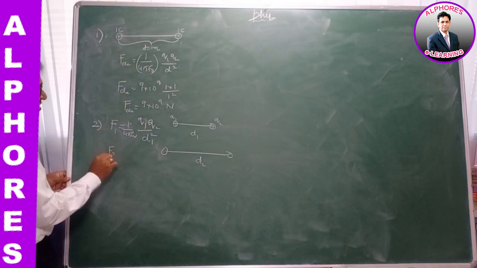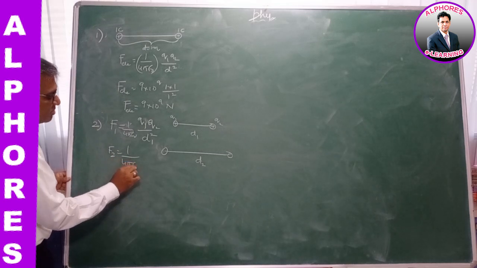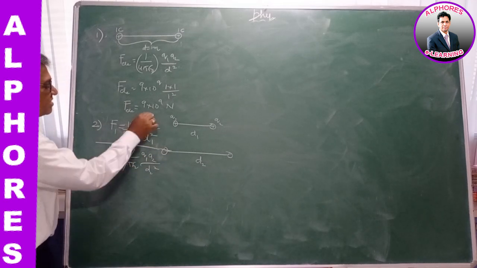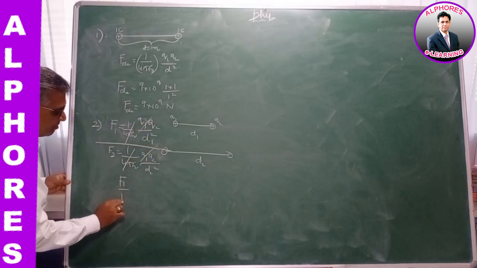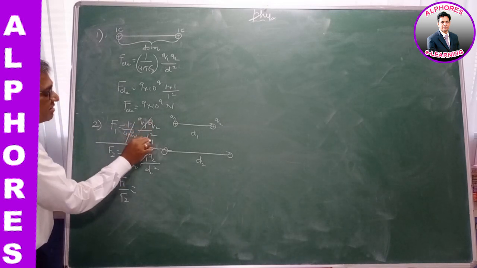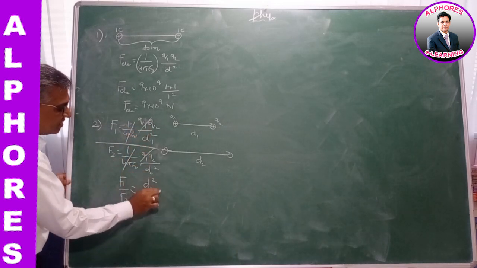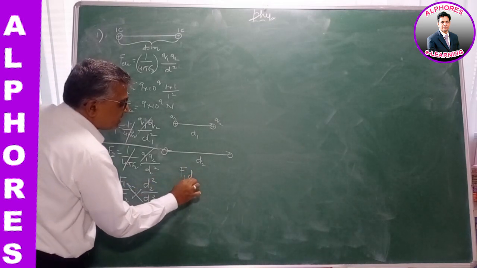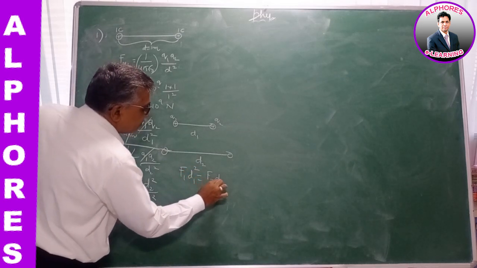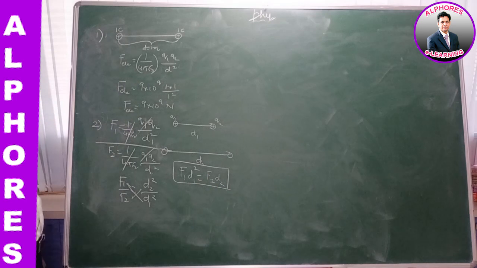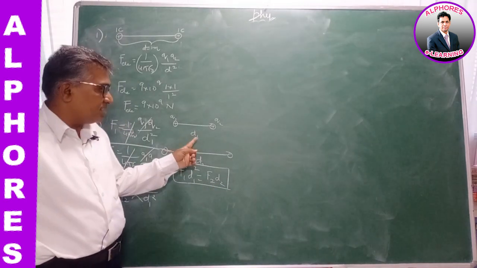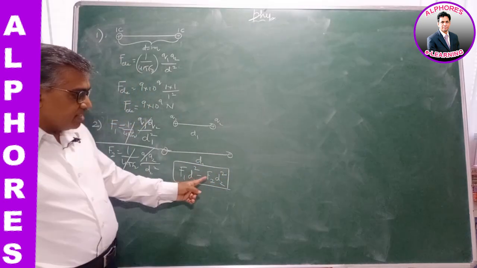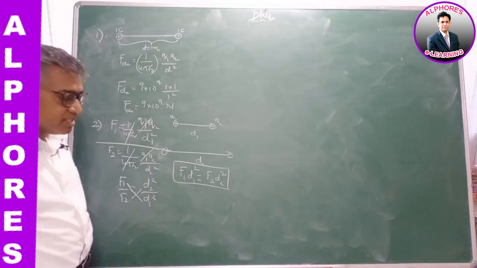Then the force is F2, which is 1 by 4 pi epsilon naught Q1 Q2 by d2 square. Dividing, these cancel. So F1 by F2 is equal to 1 by d1 square by 1 by d2 square. This is written as d2 square by d1 square. Cross multiplying, the relation between force and distance is F1 d1 square equals F2 d2 square. When two charges are separated by distance d1 the force is F1, for distance d2 the force is F2, then F1 d1 square is F2 d2 square, the relation between force and distance.